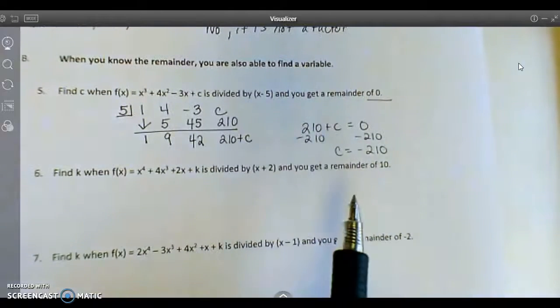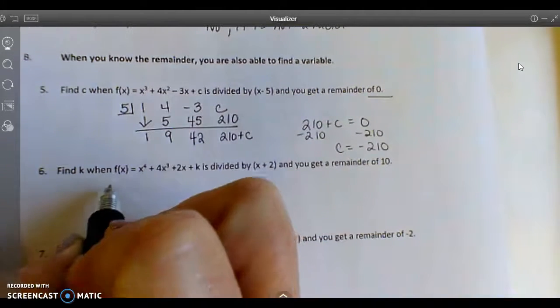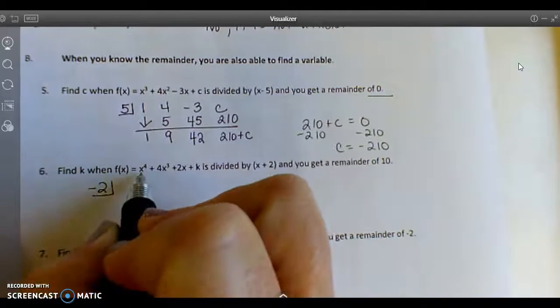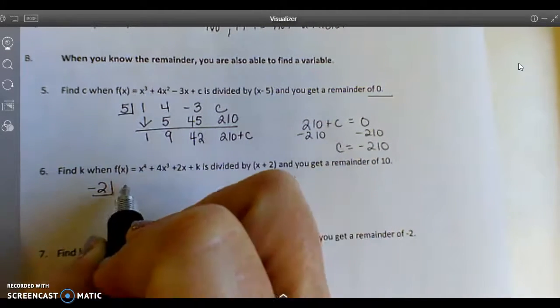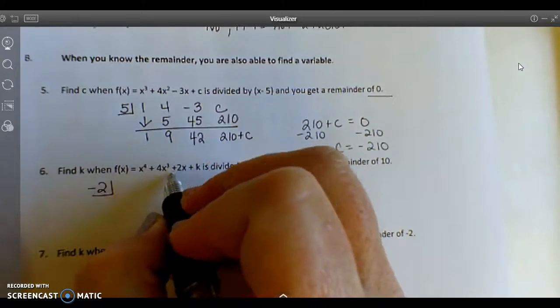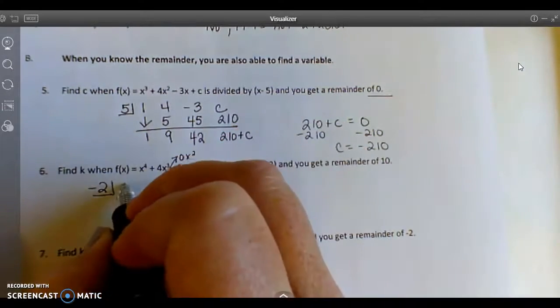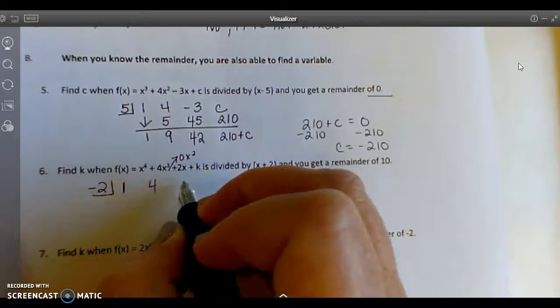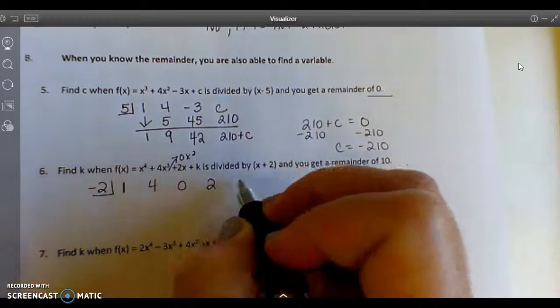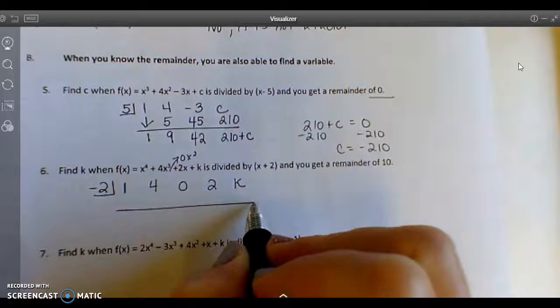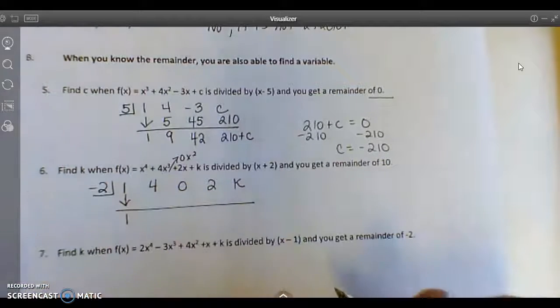So let's look at number 6. What number goes in the box? Negative 2. Alright, and then I'll put all of our stuff. We're missing an x squared here. So let's not forget to put a 0. So we got 1, 4, 0, 2, and k. Bring down our 1.